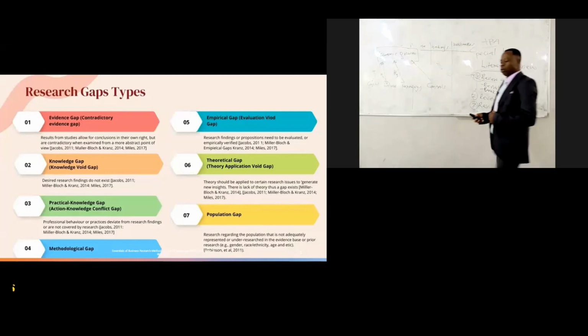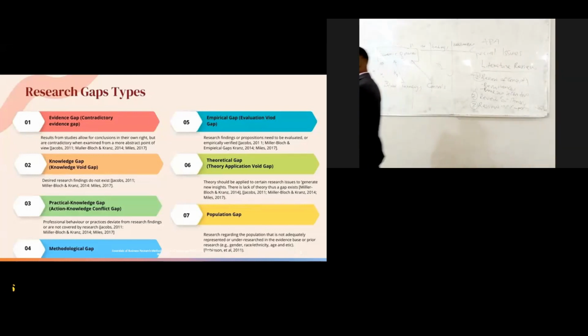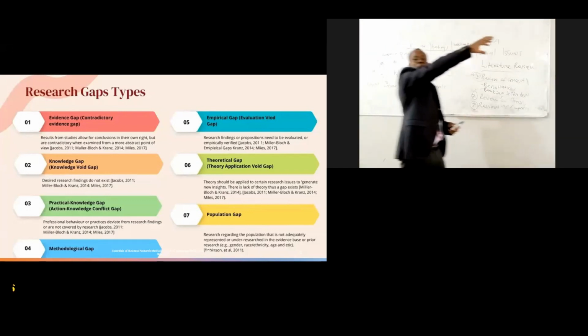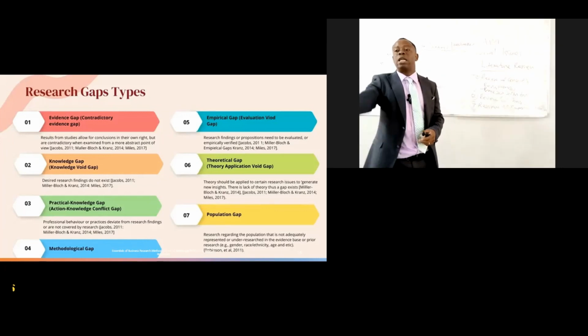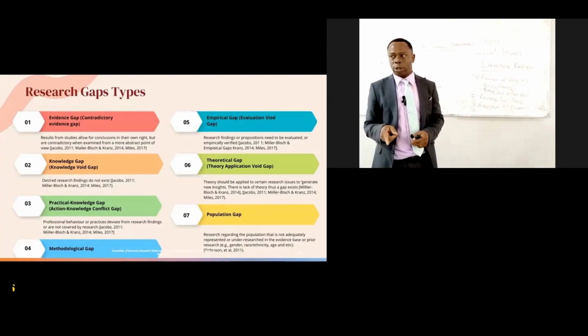Here, what you do is that you examine the methodologies that have been used in the existing literature, identify the weaknesses of those methodologies, and propose a superior one. Okay? It may mean that you are borrowing that method from a particular area to now apply to that area. It may not necessarily mean that you are the first to develop that methodology.